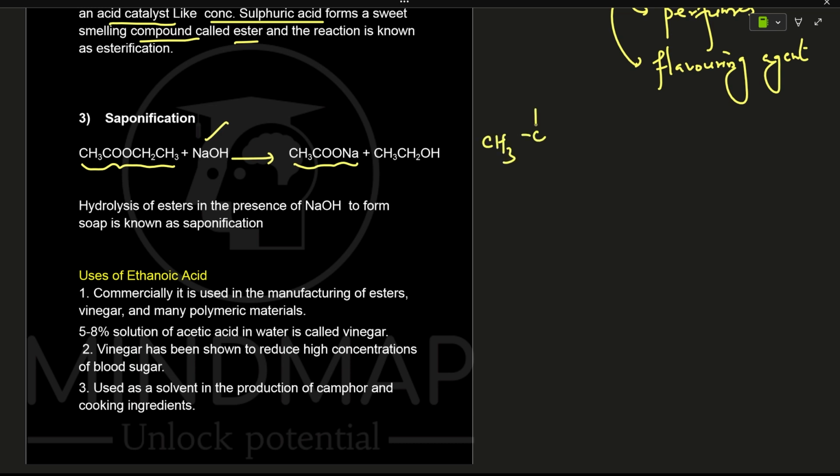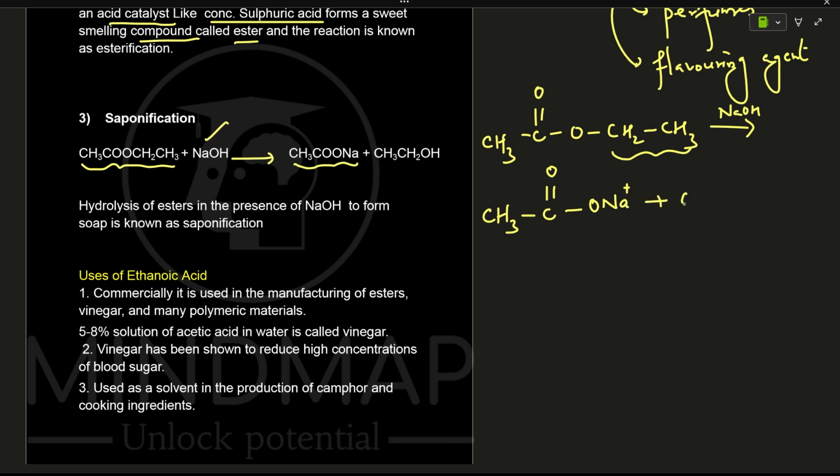CH3, C, double bond O, O, और यहाँ पे था CH2, CH3 in the presence of sodium hydroxide. क्या होगा? ये ग्रुप, एथेनॉल ग्रुप, अलग हो जाएगा. एंड व्हाट वी विल गेट CH3, C, डबल बॉन्ड O, ONA यहाँ पे आ जाएगा. एंड यू विल गेट दिस एथेनॉल विल बी सेपरेटेड. सॉरी, यहाँ पे CH3, CH2, OH. So this is what we got now.